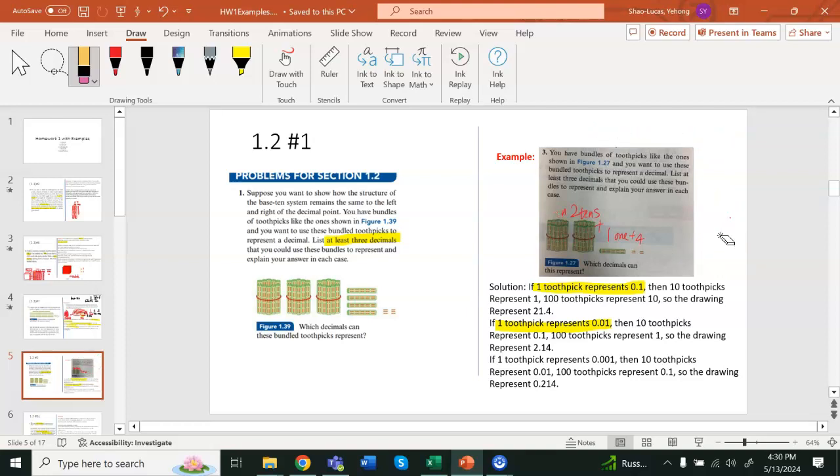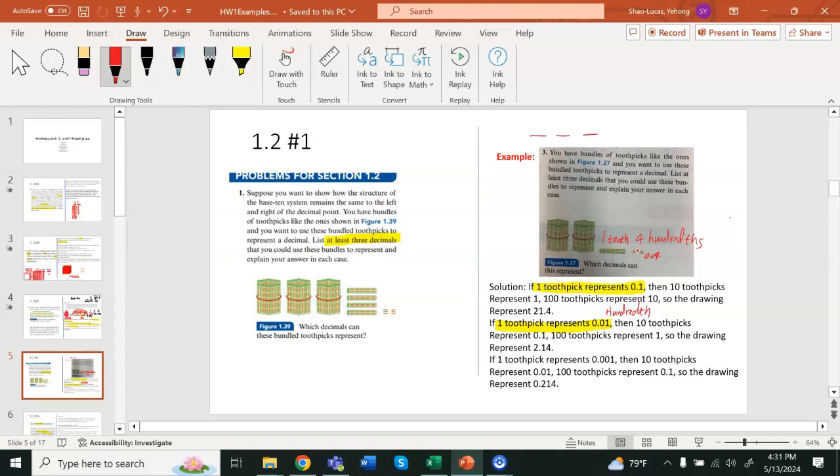We have 4 toothpicks, but because each of them is 0.01, 4 of them give us 0.04, that is 4 hundredths. And then 10 of them will move up to the next place value, which is the tenth, so we have 1/10.